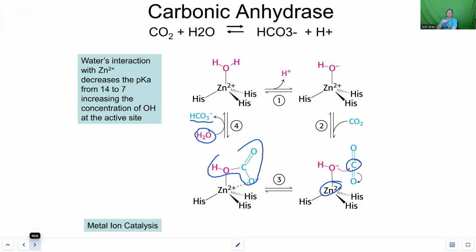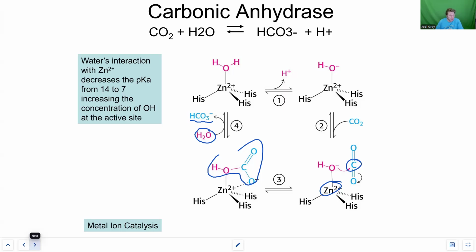Now, you might be thinking, well, it sounds like this is a little bit like covalent catalysis. It does sound that way. I think that you are right because it does have a nucleophile, or histidine residues, does have an electrophile. But what makes this different from covalent catalysis is that we never have a covalent bond formed between our enzyme and our substrate.